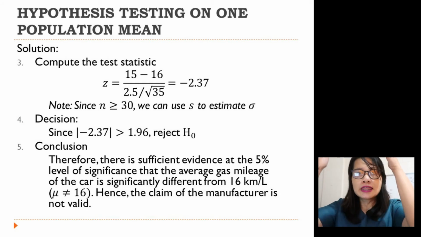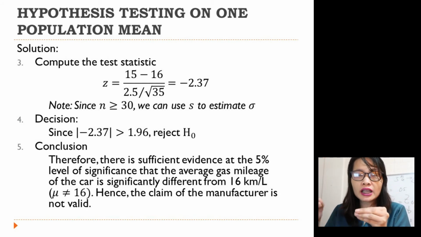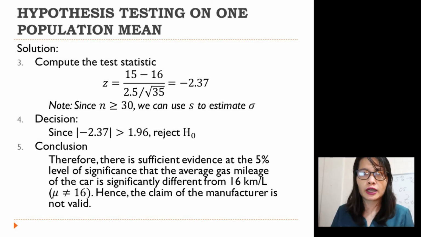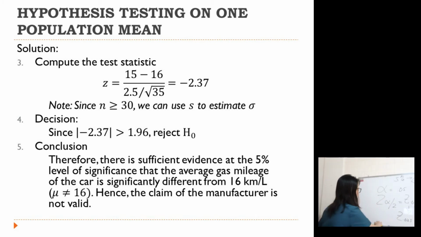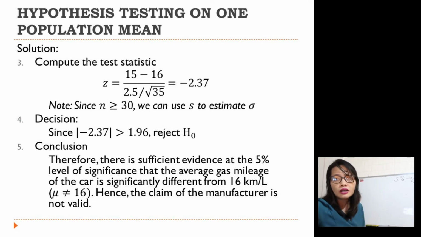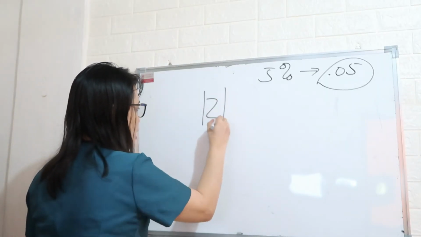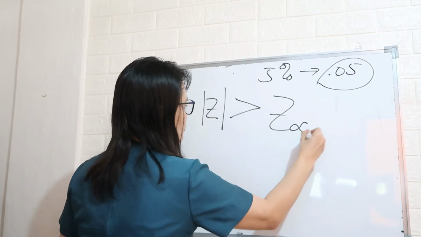So, since the absolute value of negative 2.37 is greater than 1.96, do we need to reject HO or fail to reject? Remember kapag two-tailed, we can only reject HO if absolute Z value is greater than Z alpha over 2.